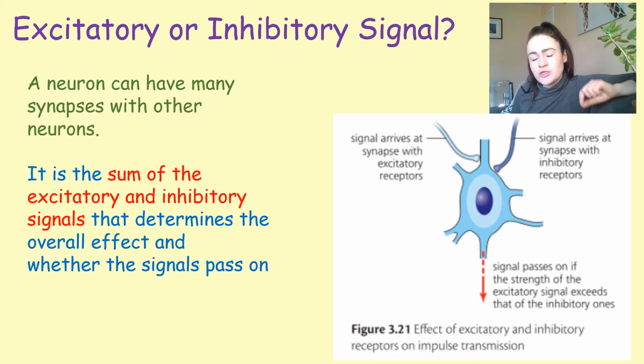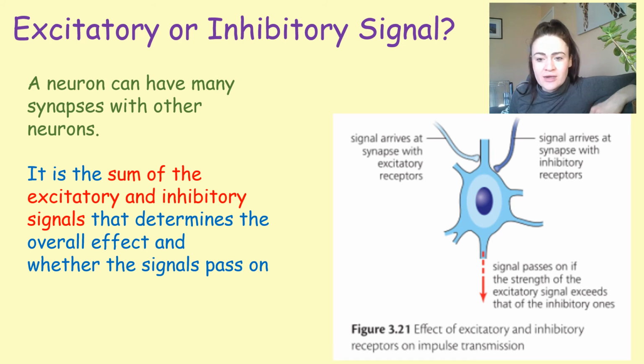What determines whether the signal is going to be excitatory or inhibitory, so will an impulse be sent or not, all comes down to the combination of how many excitatory receptors are activated and how many inhibitory receptors are activated. So we say it's the sum of the excitatory and inhibitory signals that determines the overall effect, as to whether those signals actually get passed on.